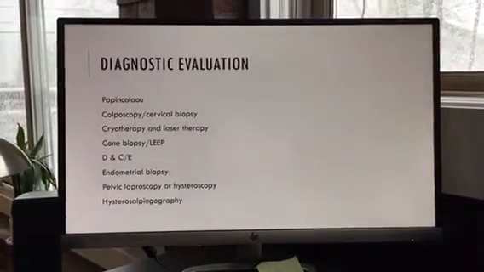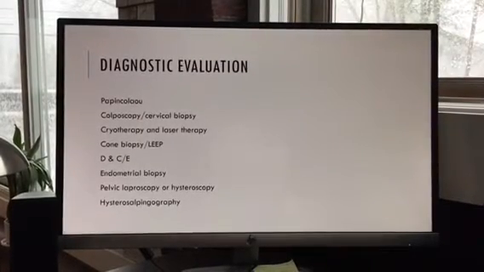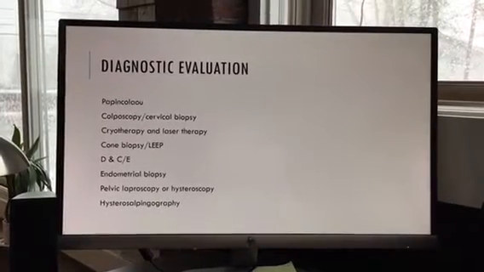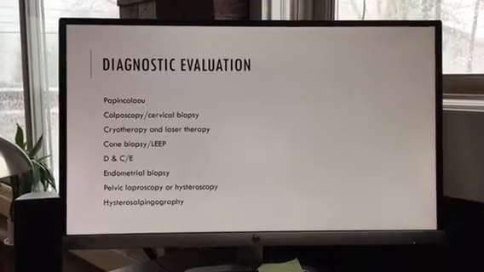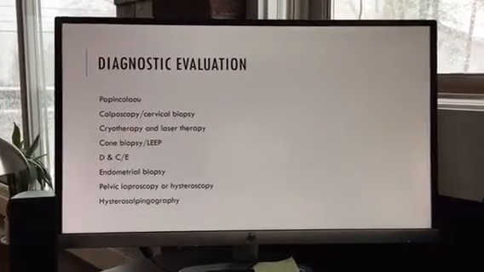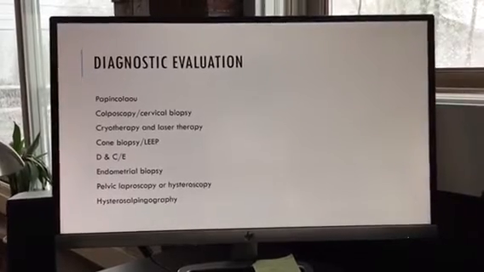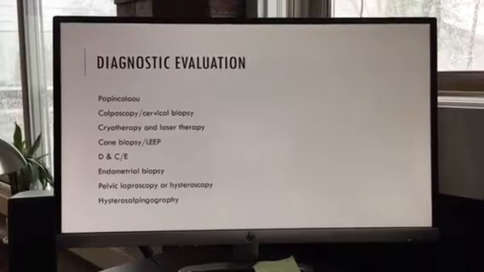An endometrial biopsy is the procedure where a piece of tissue is removed from the endometrial lining of the uterus. It's done usually under some sort of a scope or like a laparoscopic exam, which leads us down to the pelvic laparoscopy or hysteroscopy.